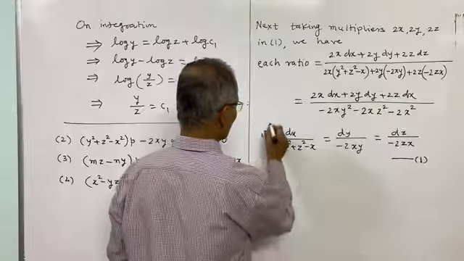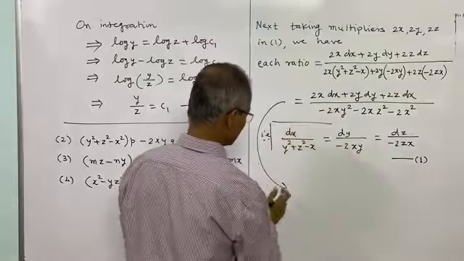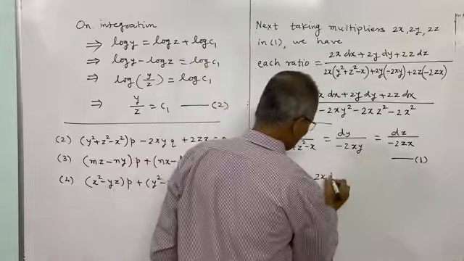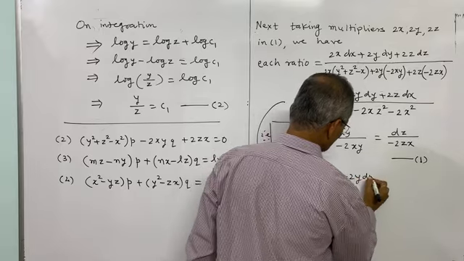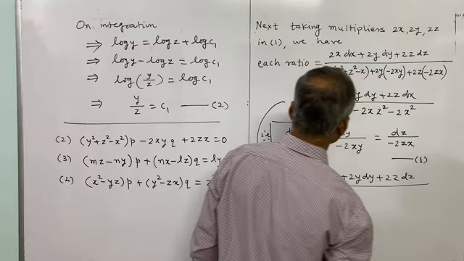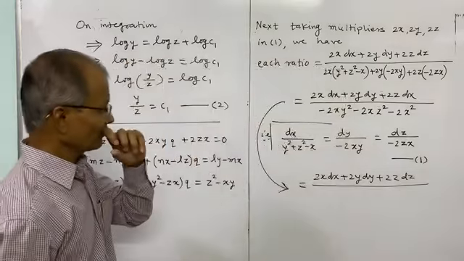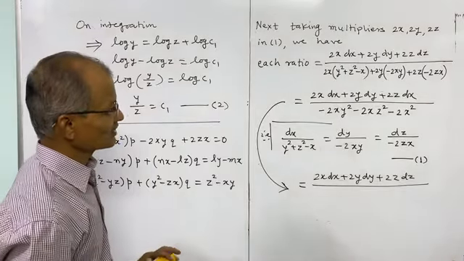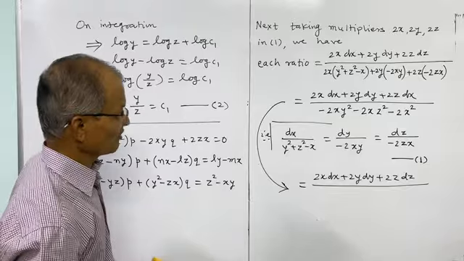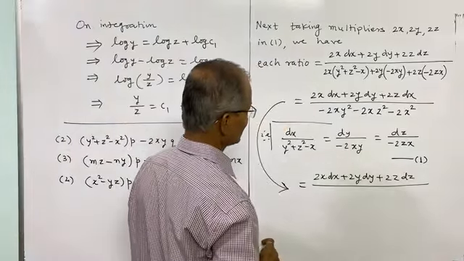I shall write here, each ratio is equal to, no change in numerator, and if we take negative 2x common, then what remains in the bracket is y square plus z square plus x. So that will remain inside the bracket, but whether it will be useful.